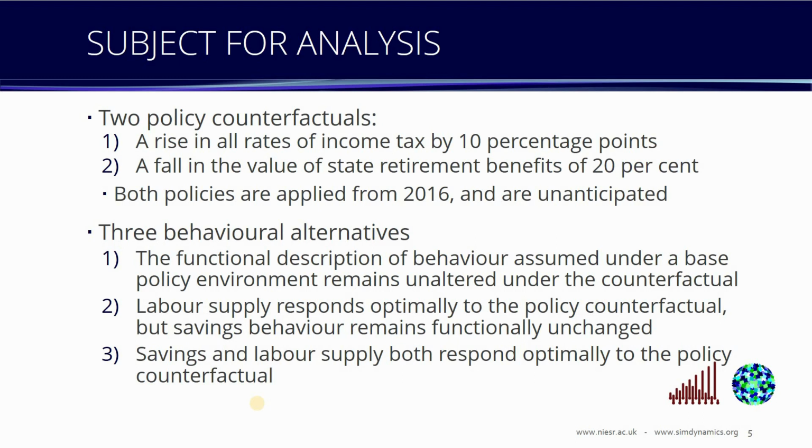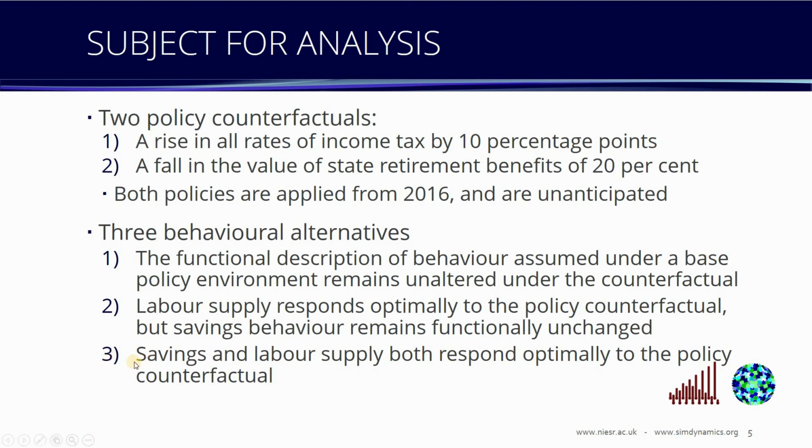The idea is that you've got a labour supply description, for example, that you've taken to the data on some historical time series. It's a reduced form. You haven't based it on any kind of structure at all. And then you assume that functional description of behavior remains invariant as you change your policy context. So basically it's capturing that.